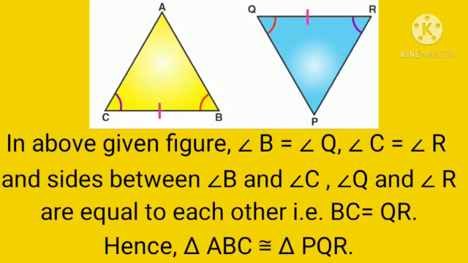For example, in the given figure, angle B is equal to angle Q, measure of angle C is equal to measure of angle R, and the side between angle B and angle C, angle Q and angle R are equal to each other. That is, side BC is equal to side QR. Hence, we can say triangle ABC is congruent to triangle PQR by ASA test.